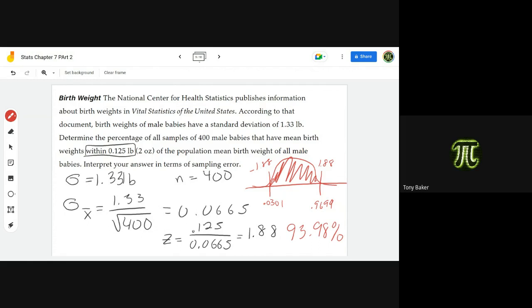So if I was to take a random sample of 400 male babies, there's basically a 94% chance that they would be within 2 ounces of the actual mean weight of all babies.